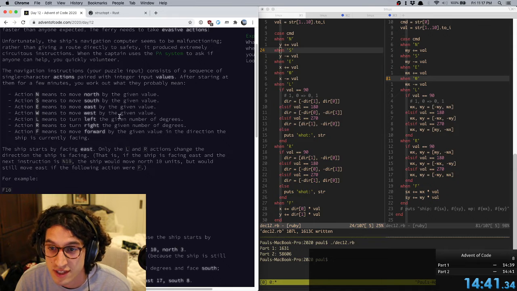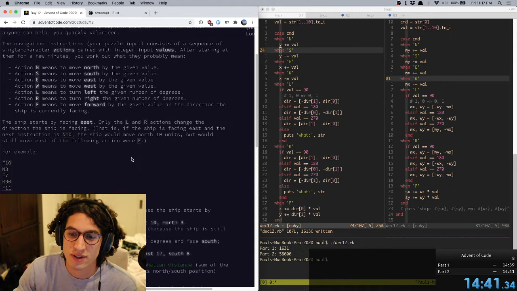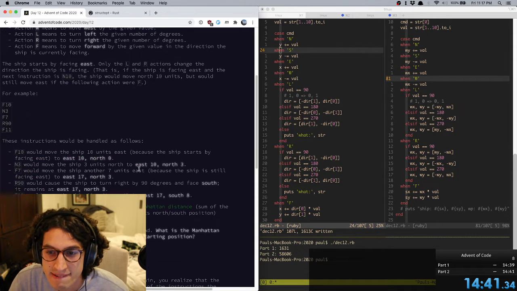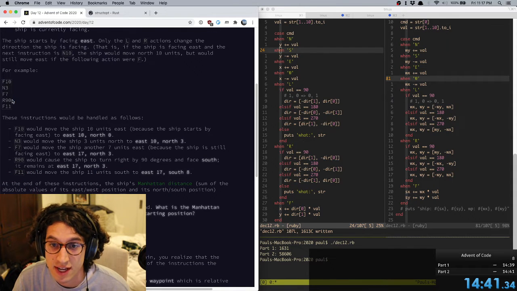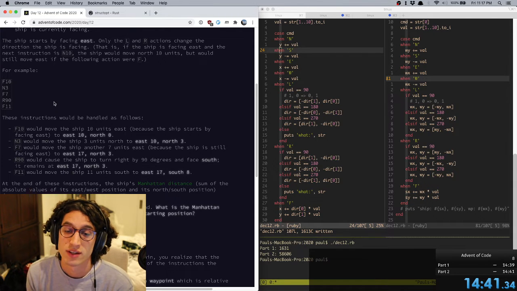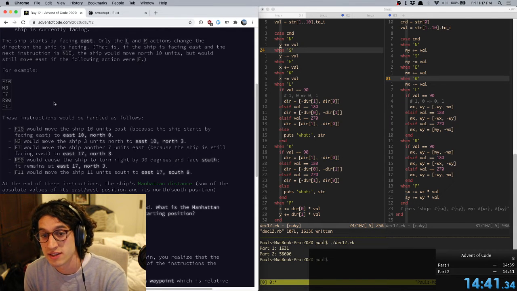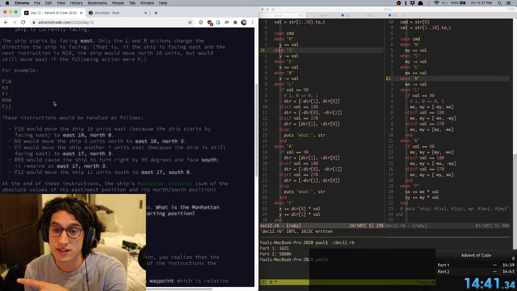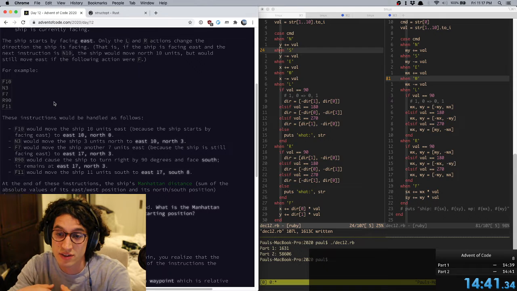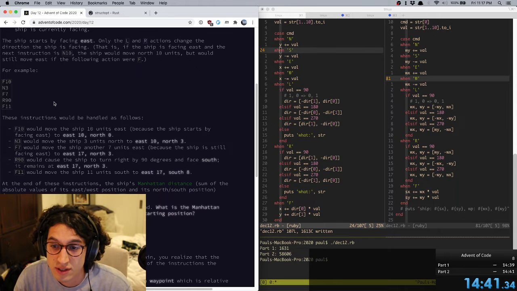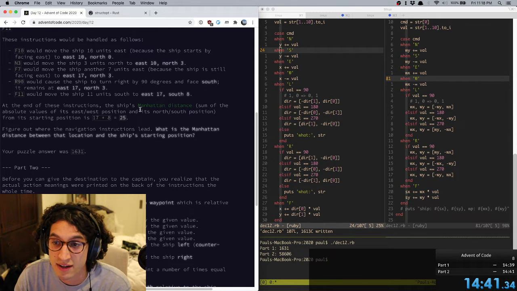Unfortunately, the direction is number of degrees, which is annoying. In the example, F10, N3, F7, R90, F11: you move 10 to the east, then north 3, then another 7 to the east, then you turn right 90, so now you're facing south, and then you move 11 to the south. And then you just need to return the Manhattan distance of where you end up.